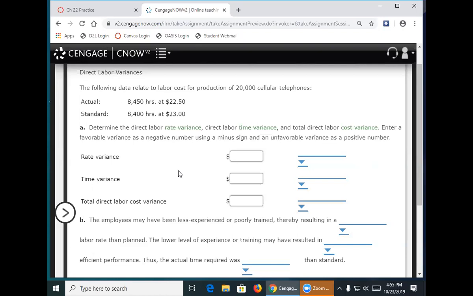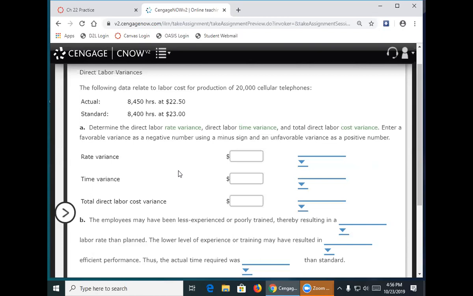And then for time, we are going to take our actual hours of 8,450 minus our standard of 8,400. So actual hours minus standard hours times our standard rate per hour of $23.